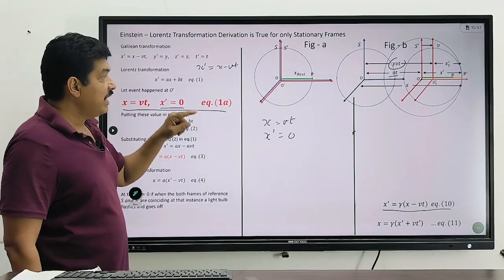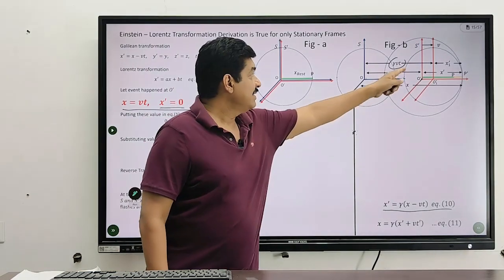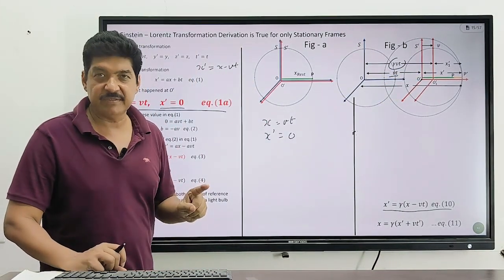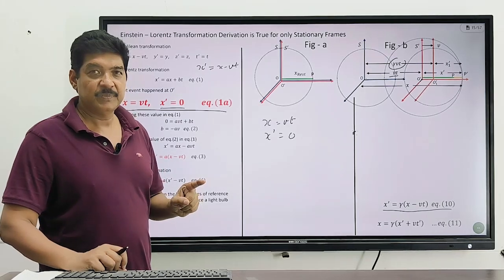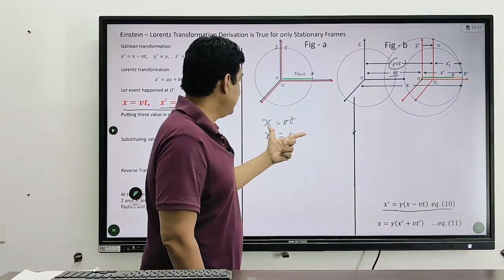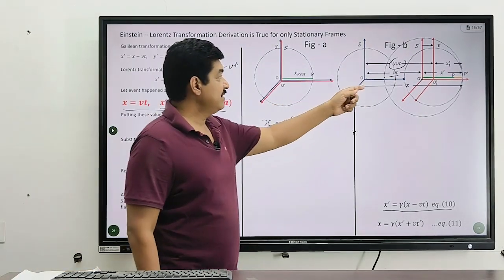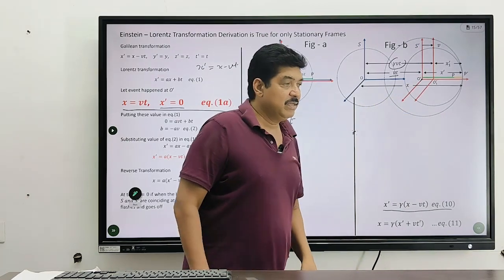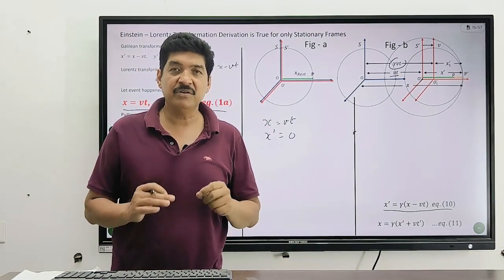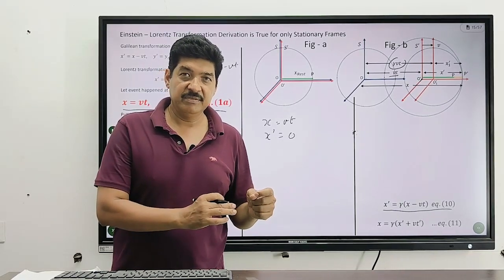So they have derived this equation for a stationary frame of reference. This is not a relative frame of reference. You can check it out, you can verify. So once this is a stationary frame of reference, this equation will always remain true for it, not for a relative frame of reference.